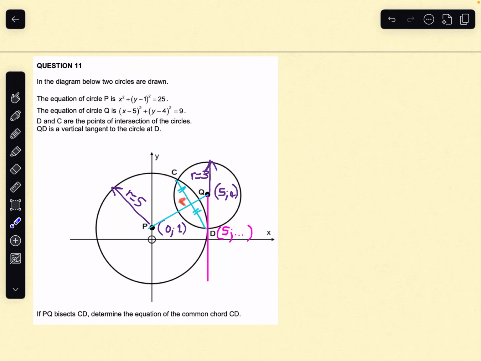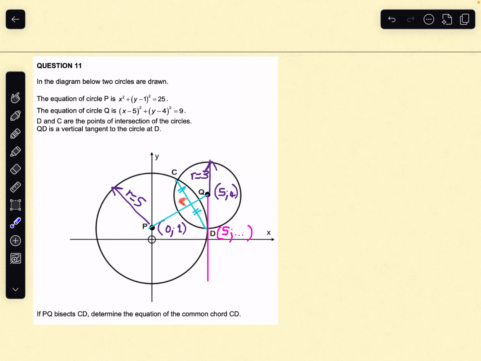Okay, lots of information. I won't lie, I'm not entirely sure where to start. Well, okay. So we know the coordinates of P and Q, right? And we know that this is perpendicular to this. Okay, so let me tell you where my mind went first. When we're looking for the equation of a line, we know that the equation of a line is y is equal to mx plus c.